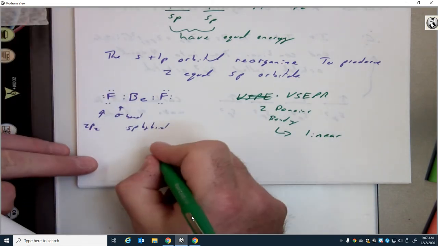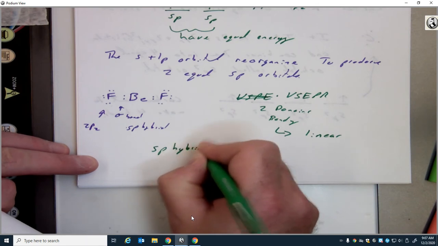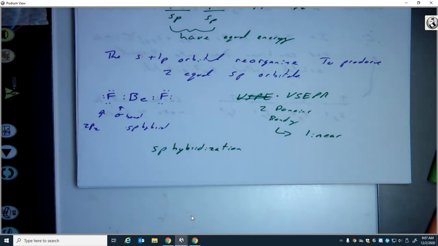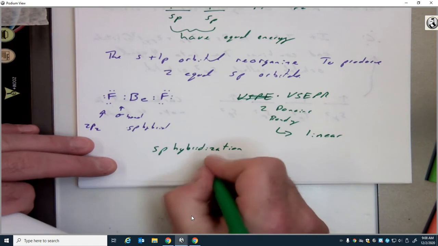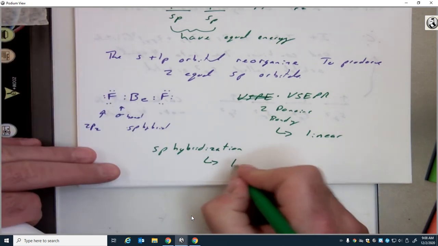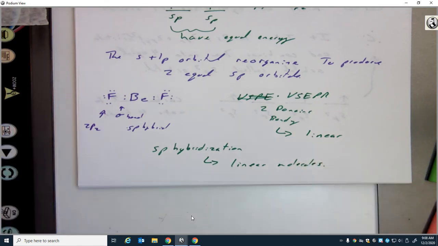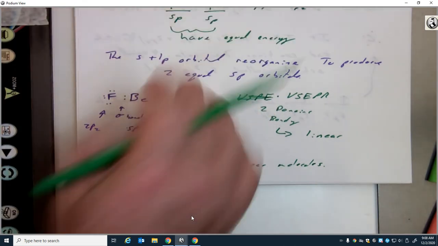When we have sp hybridization, these are usually linear molecules. So that's when we're mixing an s and one p.